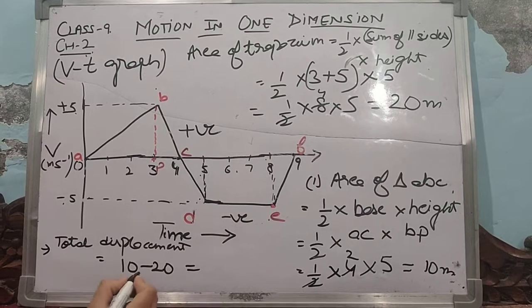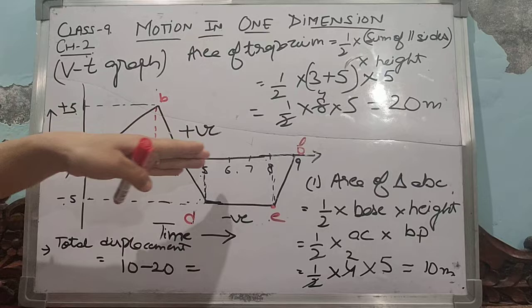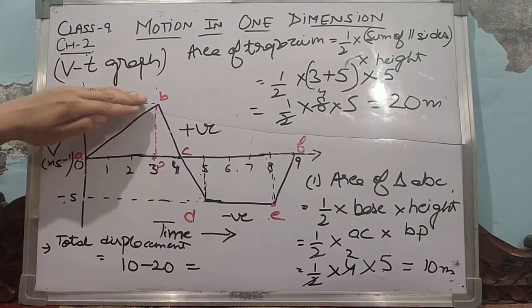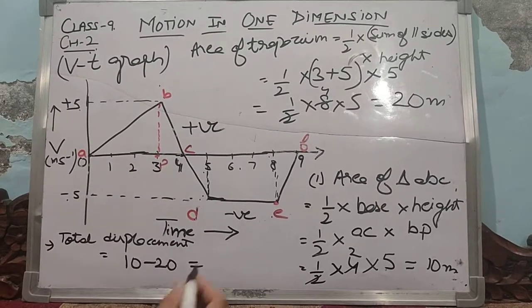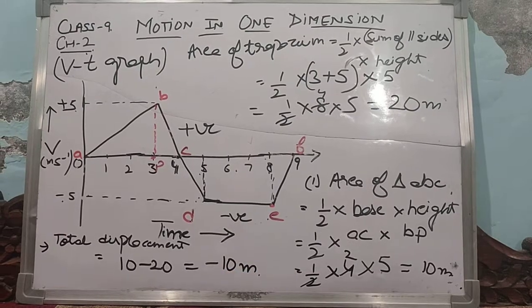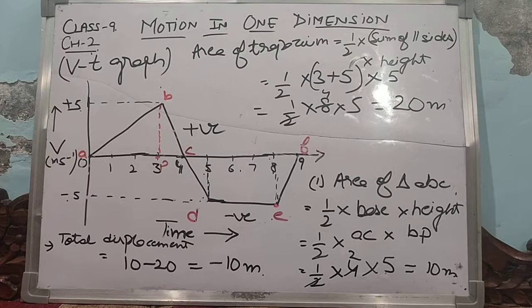Why minus 20? Because this area is above time axis and this area is below time axis. I have told you above time axis I'll take positive and below time axis I'll take negative. So displacement comes out to be minus 10 meter. So this is the way how we can calculate displacement under VT graph.